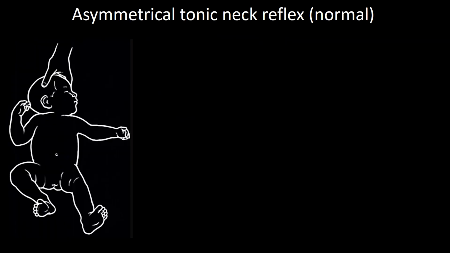In the neonatal period, the actions elicited by the asymmetrical tonic neck response consist of extension of the limbs on the side of the face and flexion of the limbs on the occiput side.